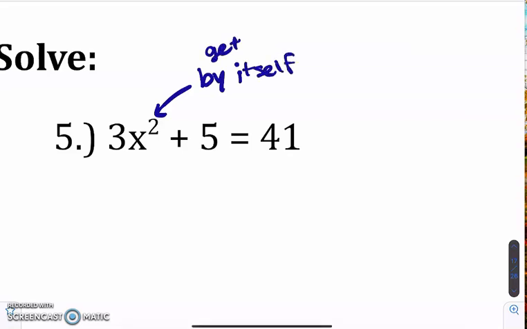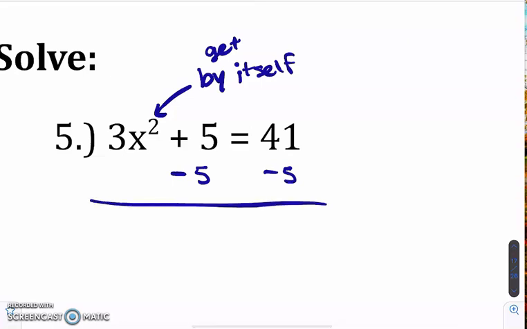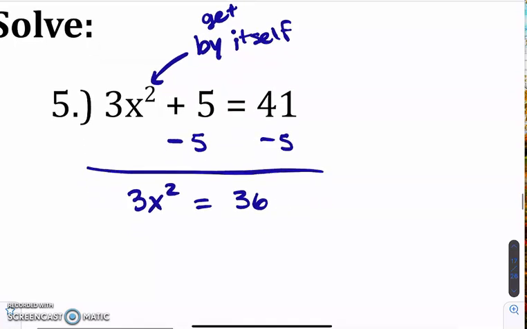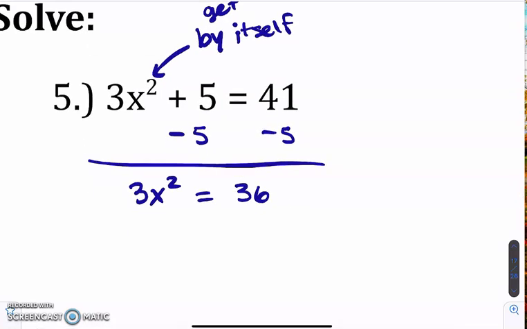So that just means we have to move the 3 and the 5. So let's just use regular inverse operations. If we have plus 5, we're going to subtract it over. We get 3x squared equals 36. And then it's 3 times x squared, so we're going to divide by 3.